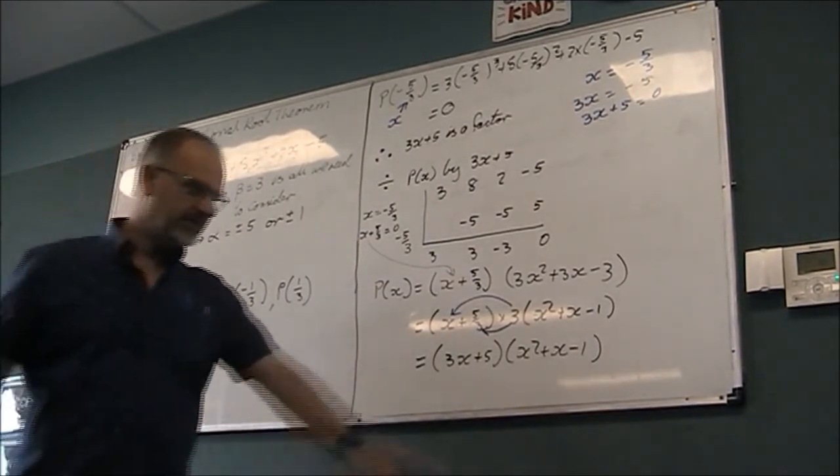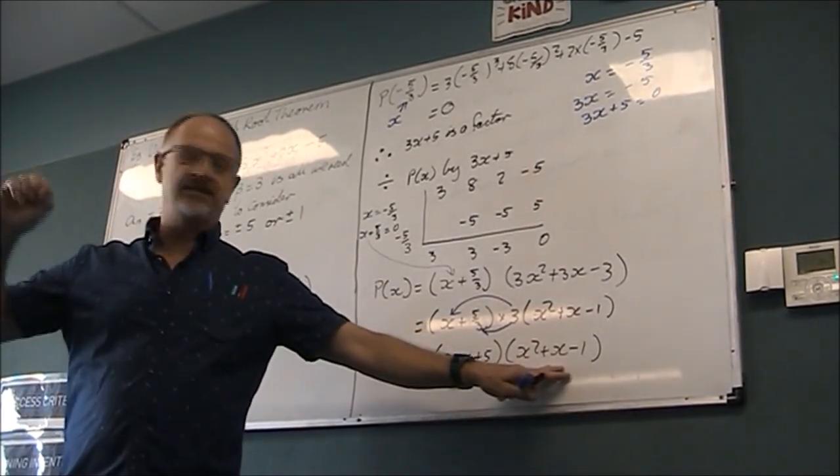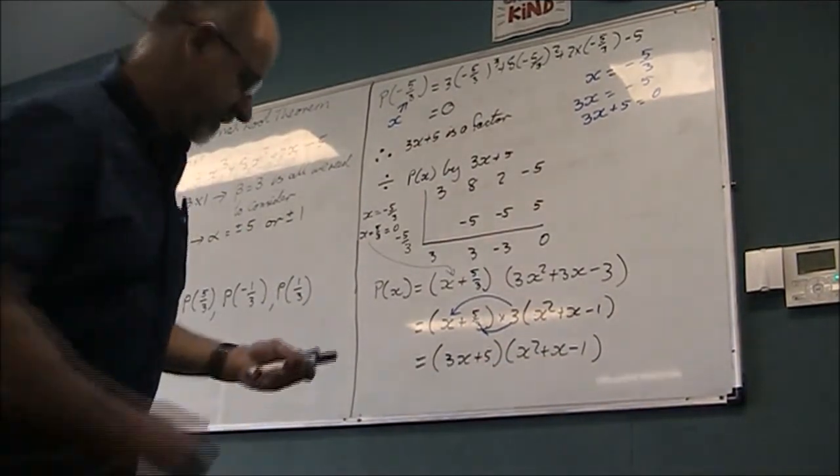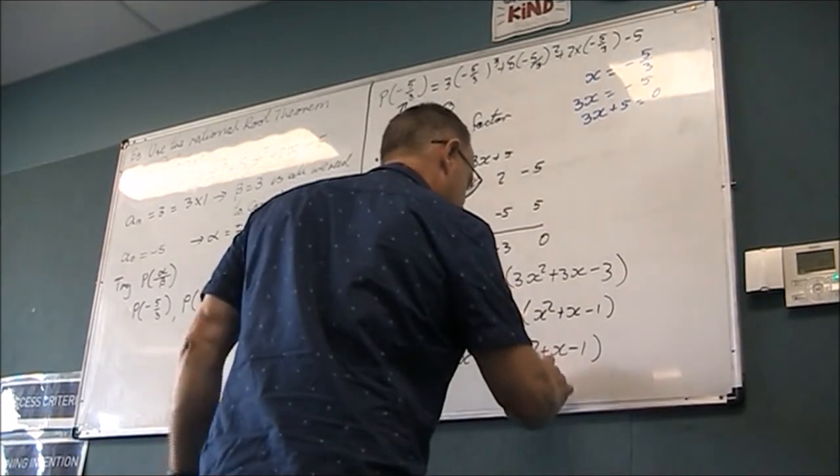All right, this one here, we've been asked to factorise it. So this one here we need to factorise, and this one here you need to complete the square. I won't do it for you.